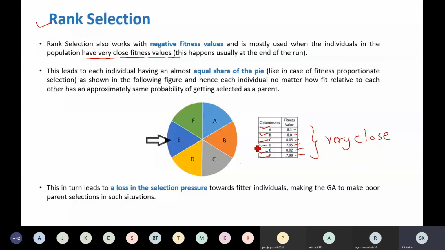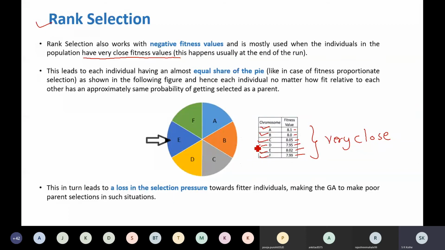Yes or no? Yes, sir. So this is the problem actually. Everybody will get equal chance of getting selected regardless of their fitness values; although they are close, they are not the same. Difference is there.